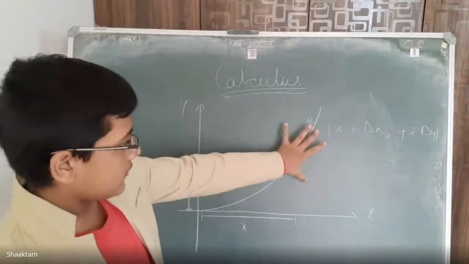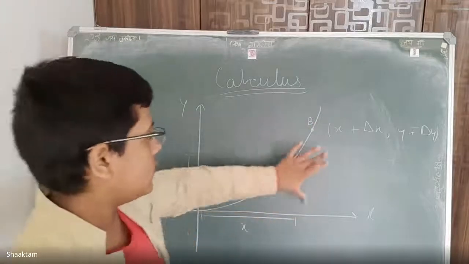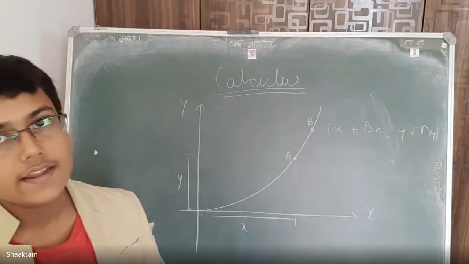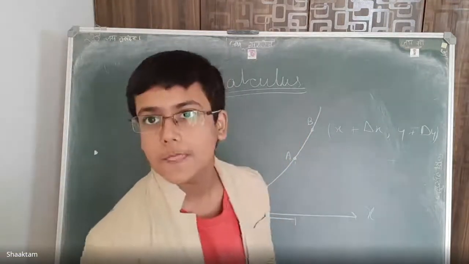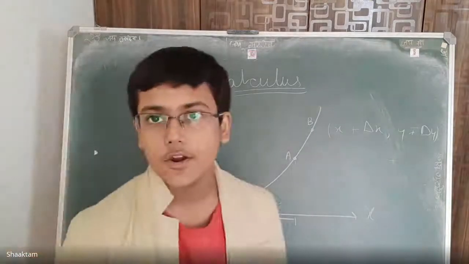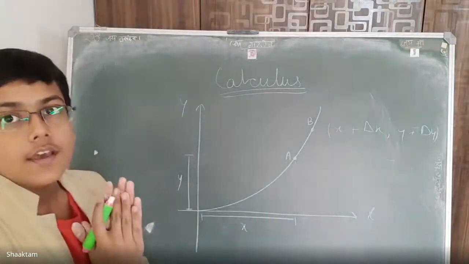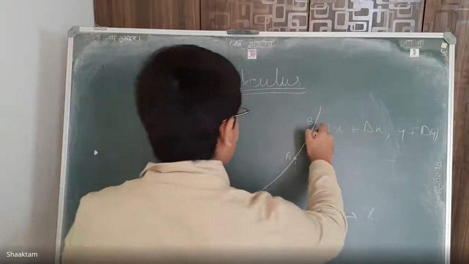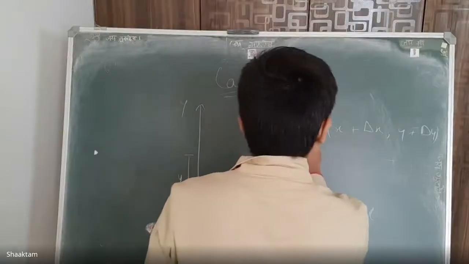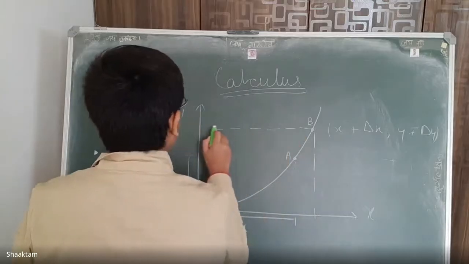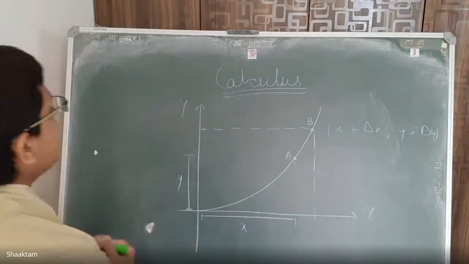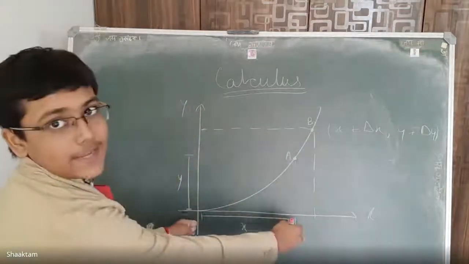So now, from the coordinate geometry which we have learned, you know that this whole length is y plus delta y. The coordinates of B are x plus delta x and y plus delta y. If I drop perpendiculars from B to the x and y axes, this whole length will be x plus delta x.